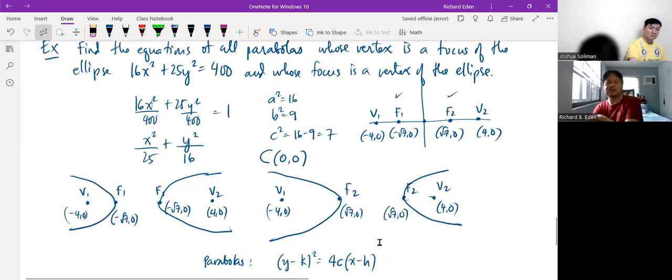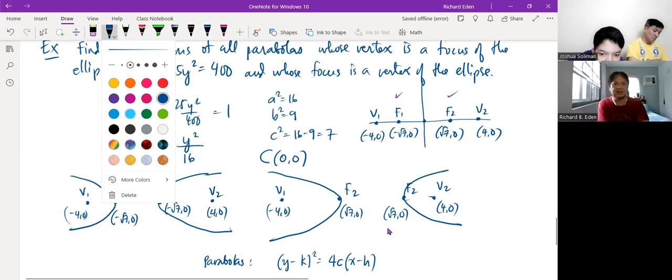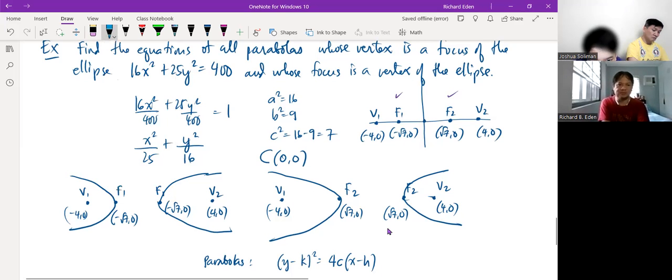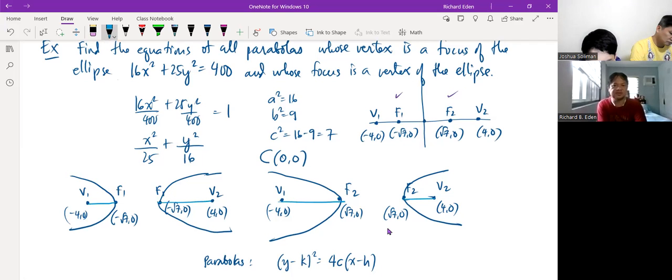For a parabola, we need c, which is the focal distance, the distance from a focus to the vertex. But then c in these four parabolas should be merely the lengths of these respective segments.